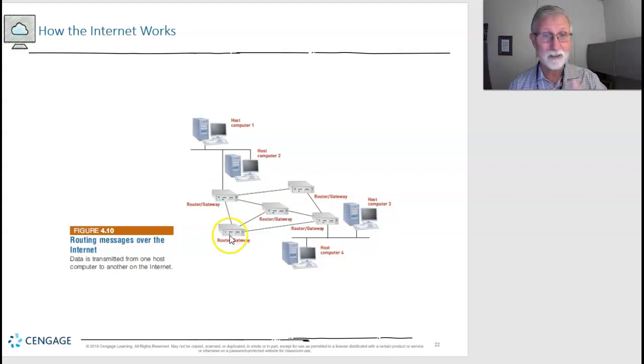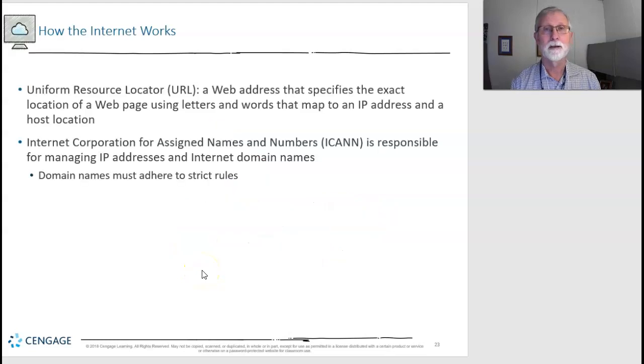What's the best route to get to this device? These routers have routing tables that tell me which networks are connected to it, and if it's not in that table, it sends it to somebody that may know who it's connected to.